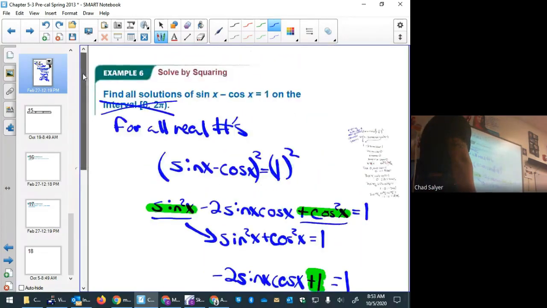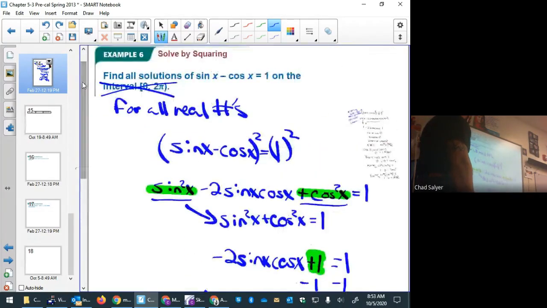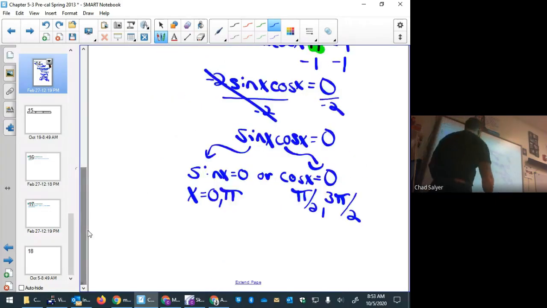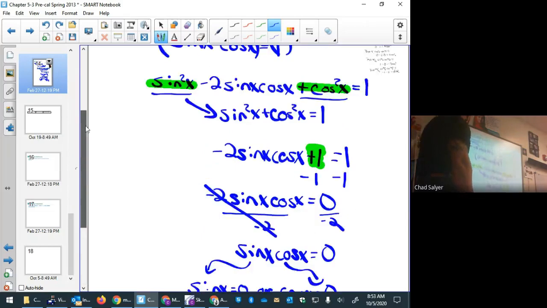So if we plug these in, let's start with 0. Sine of 0 is 0 minus cosine of 0, which is 1. So -1 equals 1. False solution. Now let's try pi.